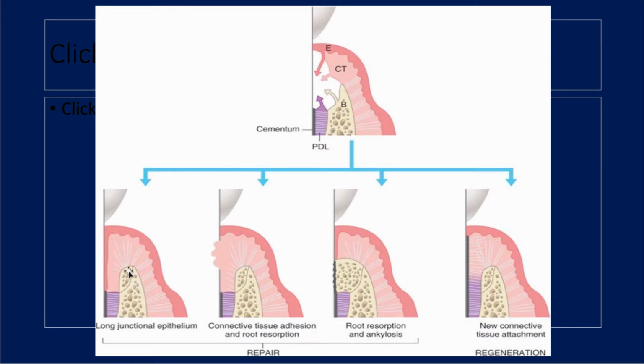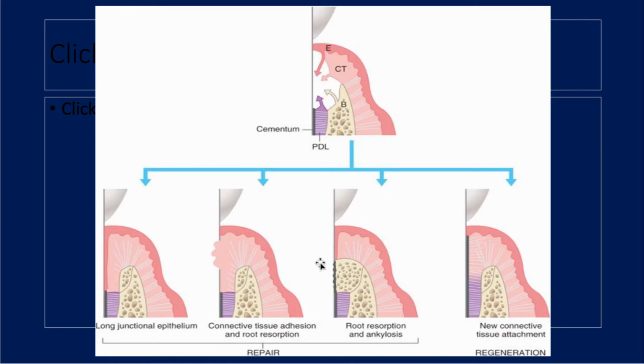On the left, we have healing by the establishment of a long junctional epithelium. This is our most common type of healing which we will see after scaling and root planing and open flap debridement. You could potentially have connective tissue adhesion as demonstrated here, and root resorption as diagrammed in this spot.